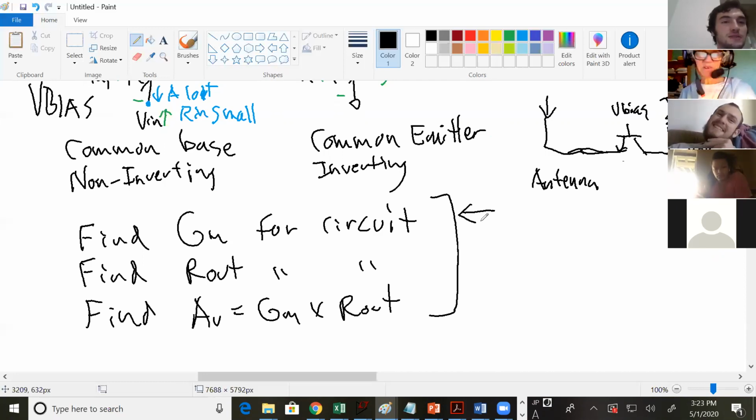Oh, let me say one more thing. The design process is your boss brings you some specifications. It says gain is 100, RN is 25, something like that. Since your boss gave you a value for RN and gain, you need to find the equations for RN and gain for whatever circuit you've picked. To find those equations, you have to do small signal analysis.